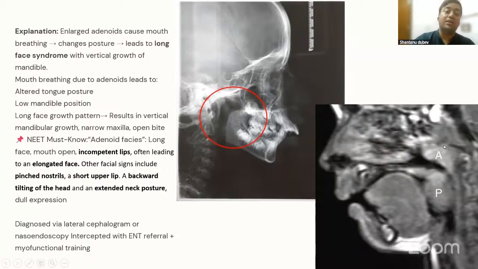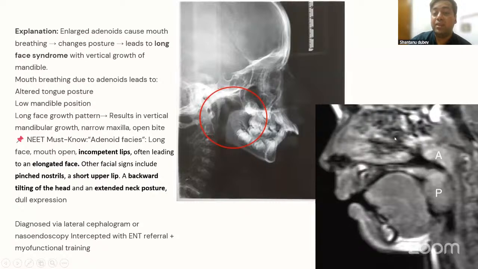The habit associated with this question was mouth breathing, so this question is linked to that. Try and understand what you see just above the tongue, between the tongue and the palate, in the soft palate part.